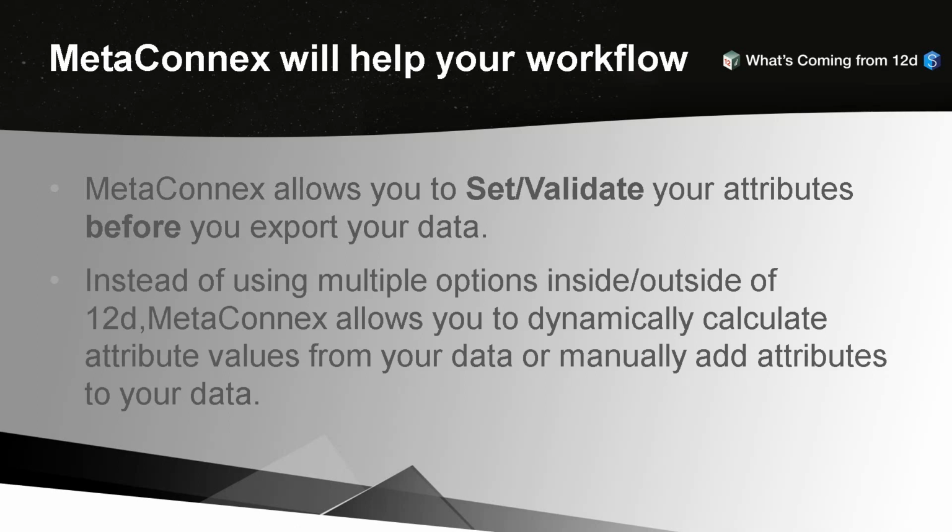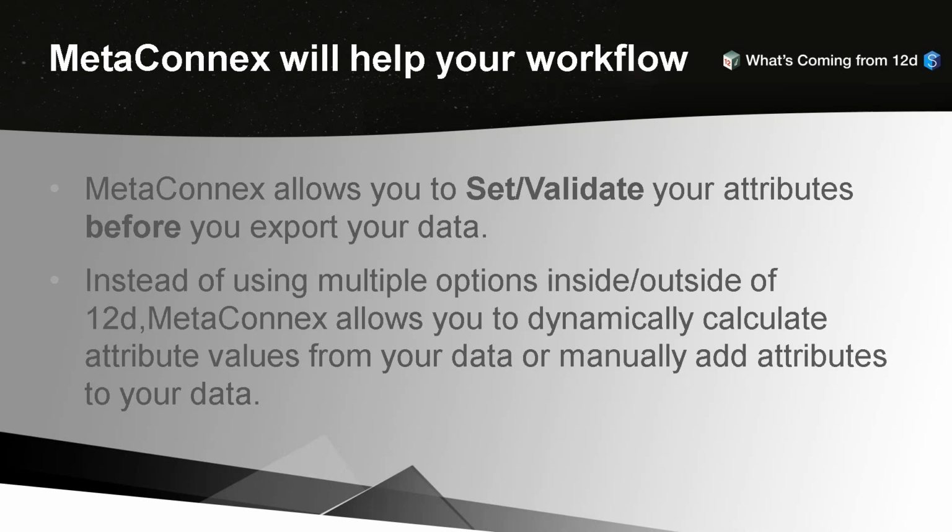Instead of having to use multiple options inside or outside of 12D, MetaConnex allows you to dynamically calculate attribute values from your data, or you can manually add attributes to your data. So for example, we can calculate the grade of a string, the X, Y, and Z, the latitude, longitude.